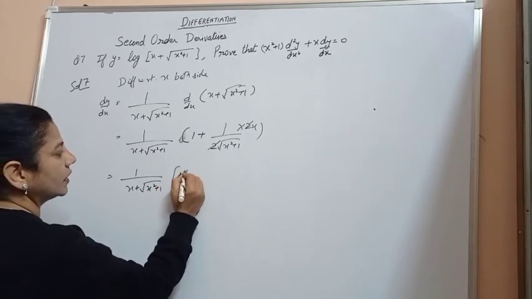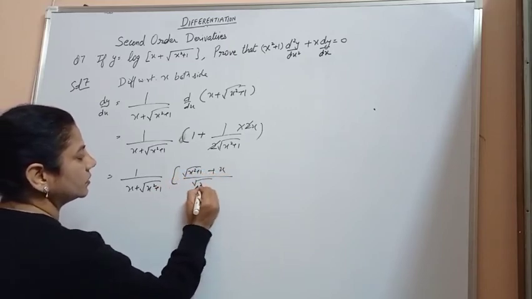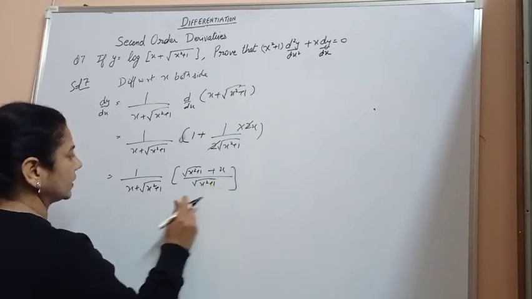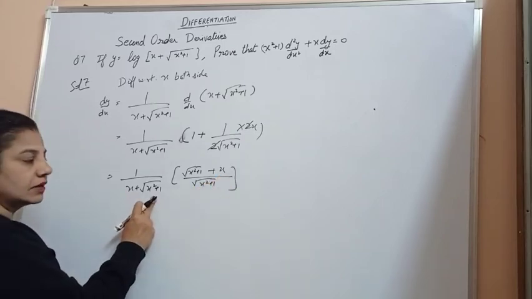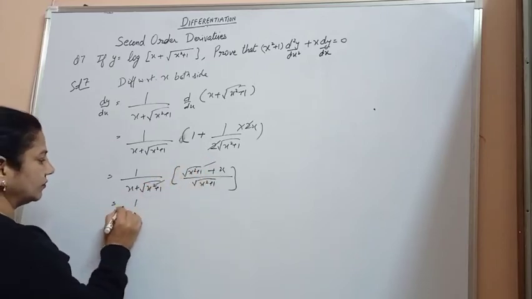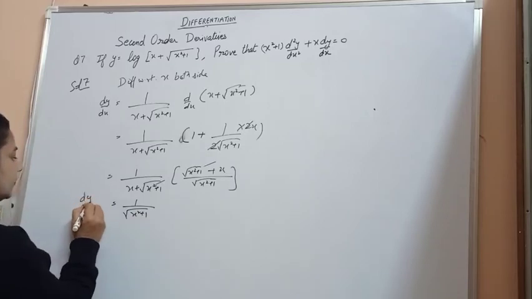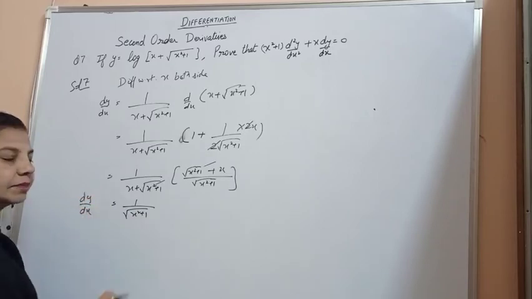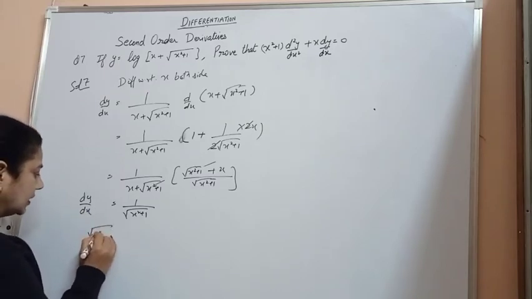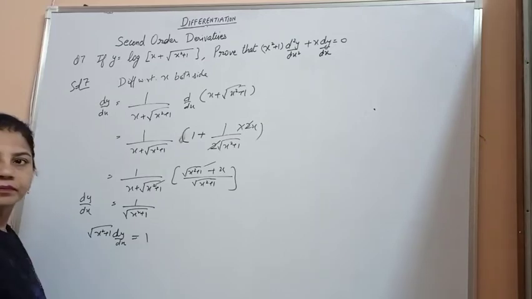We have under root x square plus 1 plus x upon under root x square plus 1. x plus under root x square plus 1 and under root x square plus 1 plus x. This cancel out. We left with 1 upon under root x square plus 1. So we can say that dy by dx is 1 upon under root x square plus 1. Cross multiply. Under root x square plus 1 dy by dx is equal to 1.